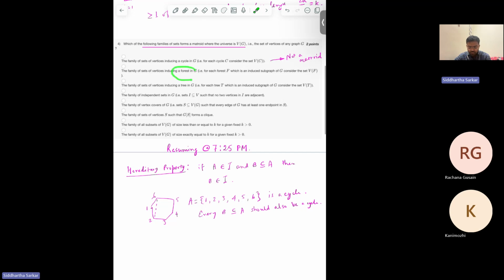So consider an induced forest. What is the subset of an induced forest? So the question is, is any subset of an induced forest also an induced forest?